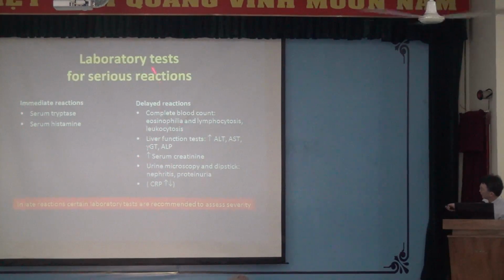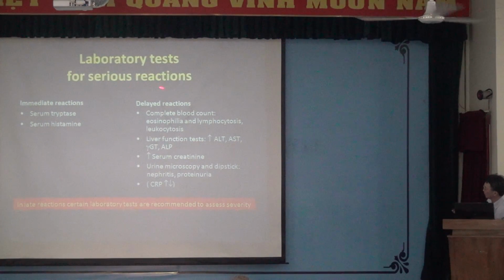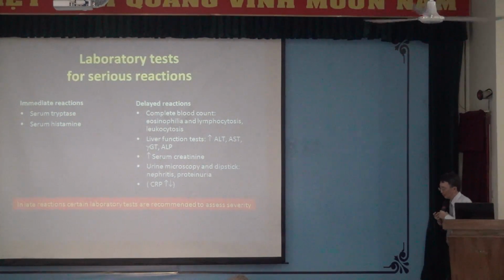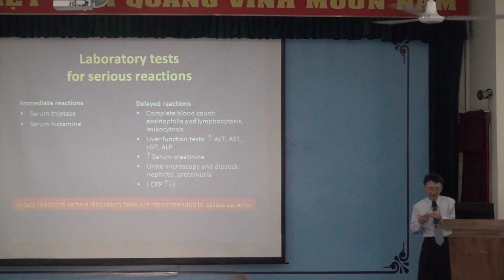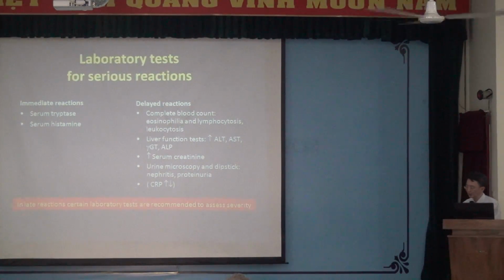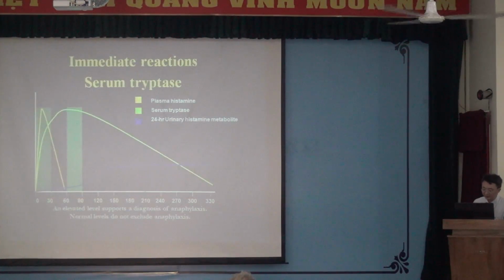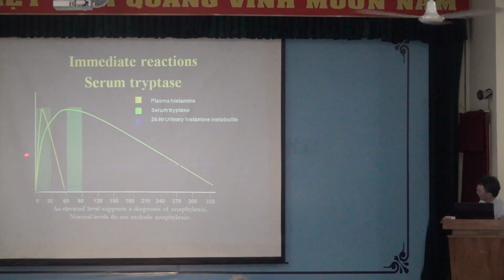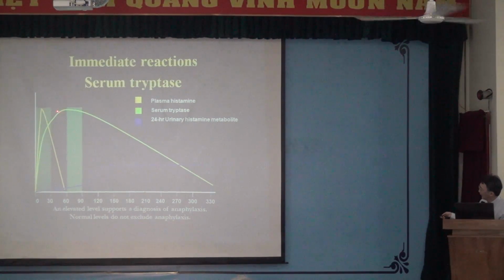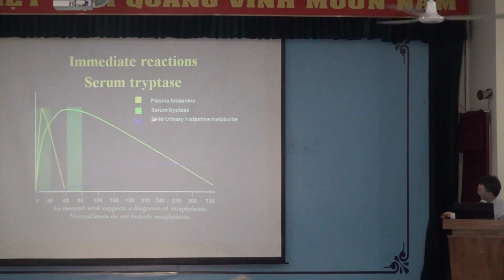So for the laboratory test or the serial reaction, you don't know whether it is really due to the drug that causes the anaphylaxis. Previously, when you consulted the references, you found that you can measure histamine or tryptase from the mast cell, and you can even collect a 24-hour urine to find any histamine metabolite in the urine.